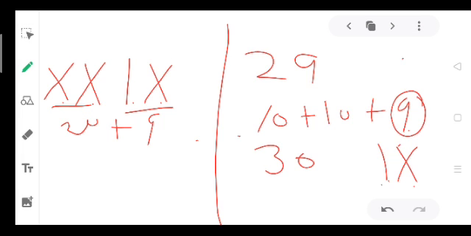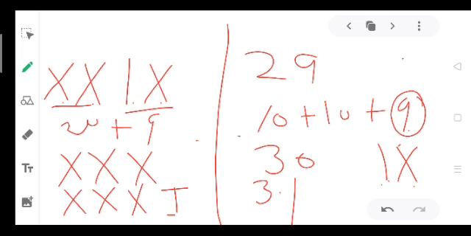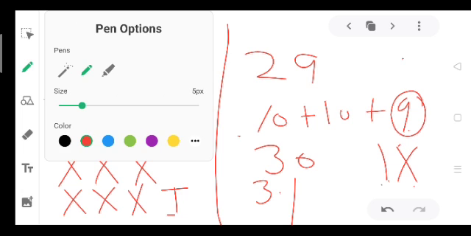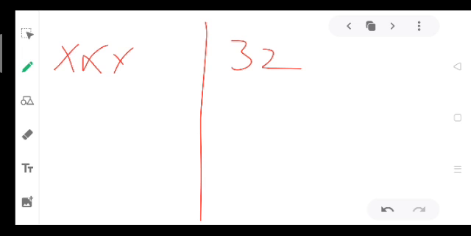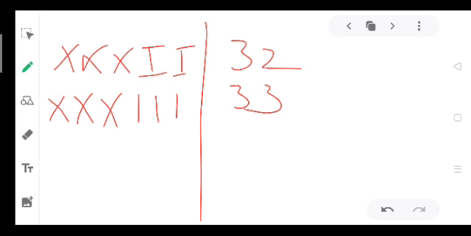And for 30, so easy. 3 times 10. So XXX is 30. 31: firstly 30, then I. Clear? 32: 30 and 2I. 33: firstly 30, 3X and 3I. 34: firstly 30 and then 4.